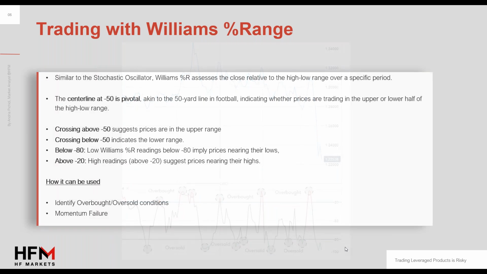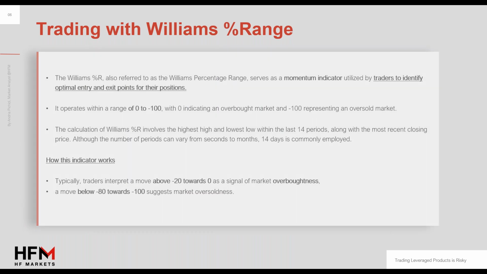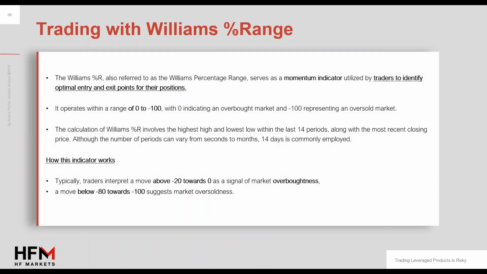But before we go through it and see what these levels mean and how they could be interpreted, let's go through a bit of the background, the basics of the Williams percentage. As I already mentioned, it's a momentum indicator, useful for identifying optimal entry and exit points of your positions.